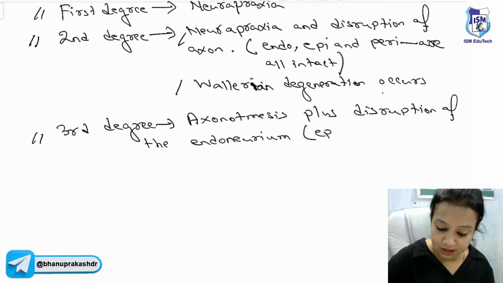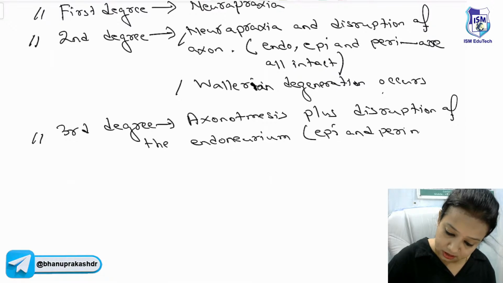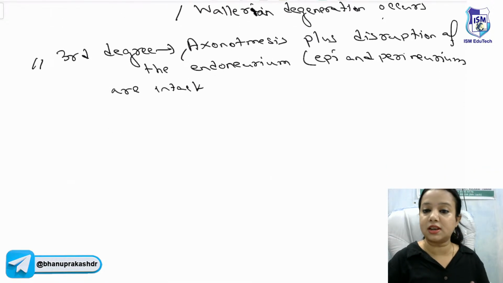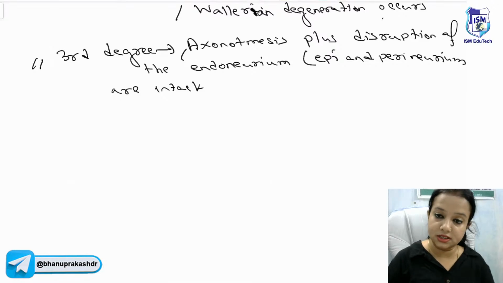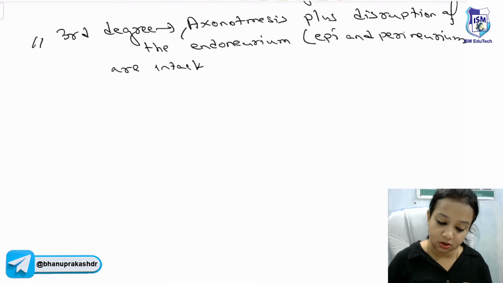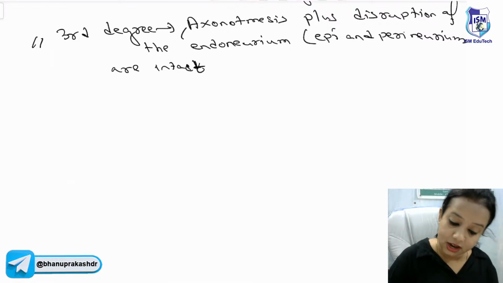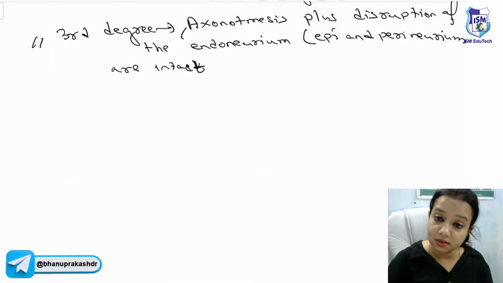But the epineurium and perineurium are intact. So here what happens is the same event as axonotmesis: the myelin sheath has worn, the axon has become disentangled or damaged, the axoplasm has been damaged, but also the endoneurium, the innermost layer.